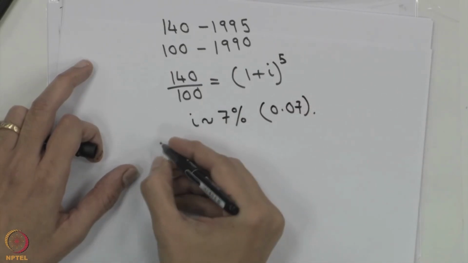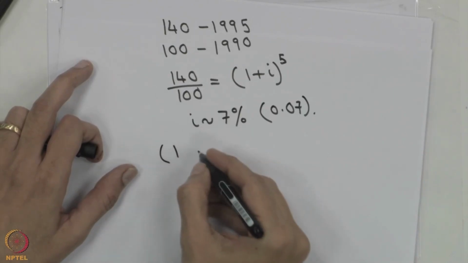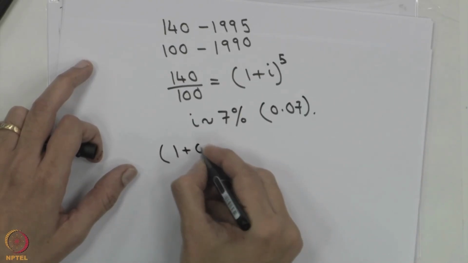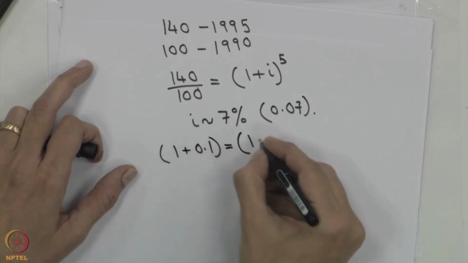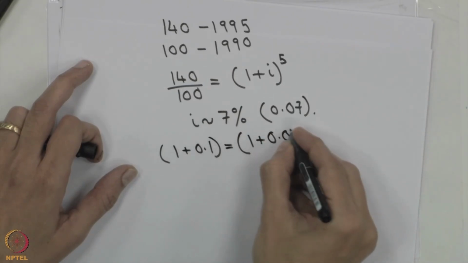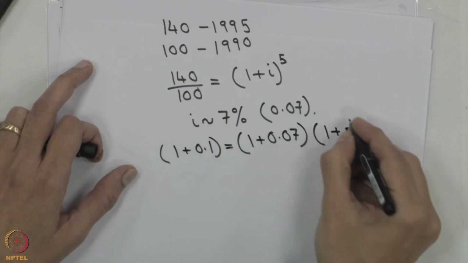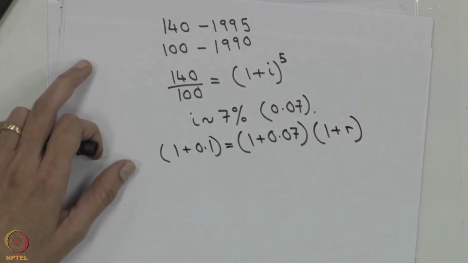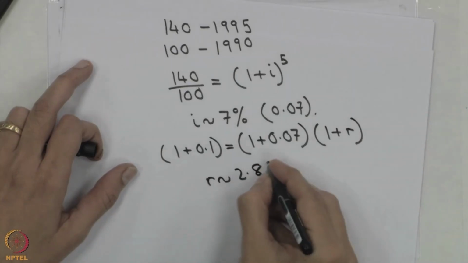If you look at the interest that we are getting, 10%, so 1 plus 0.1 will be equal to 1 plus 0.07, that is the inflation, and 1 plus the real rate of return, and you find the real rate of return is approximately 2.8%, 0.028.